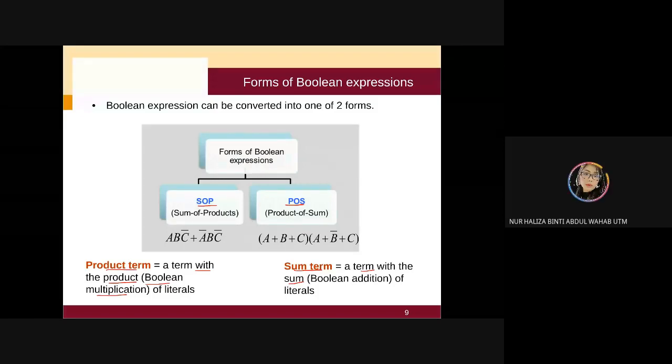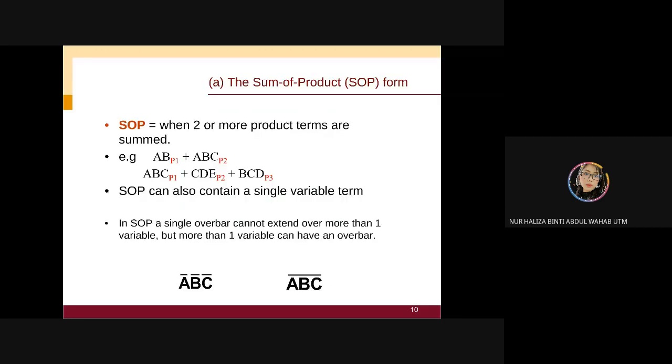Because it's easy for you to differentiate, let's look first at SOP. SOP is when two or more product terms are summed. You can also have a single variable.